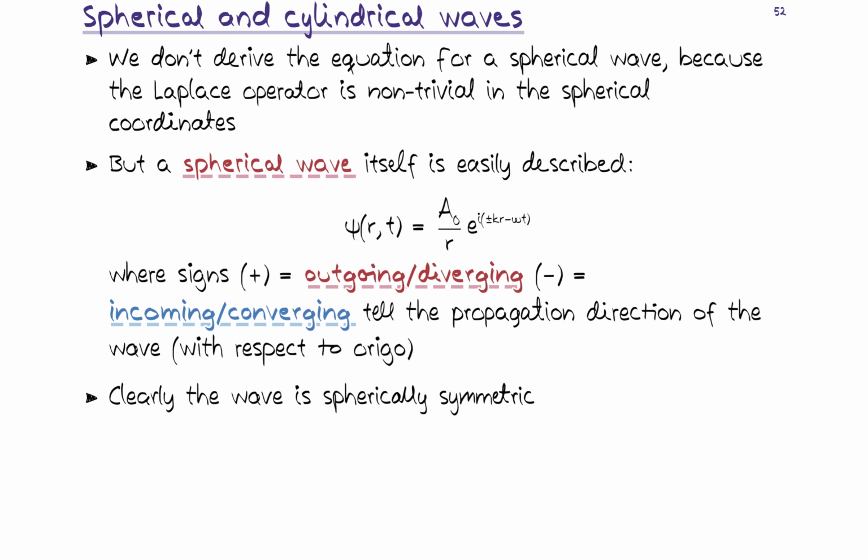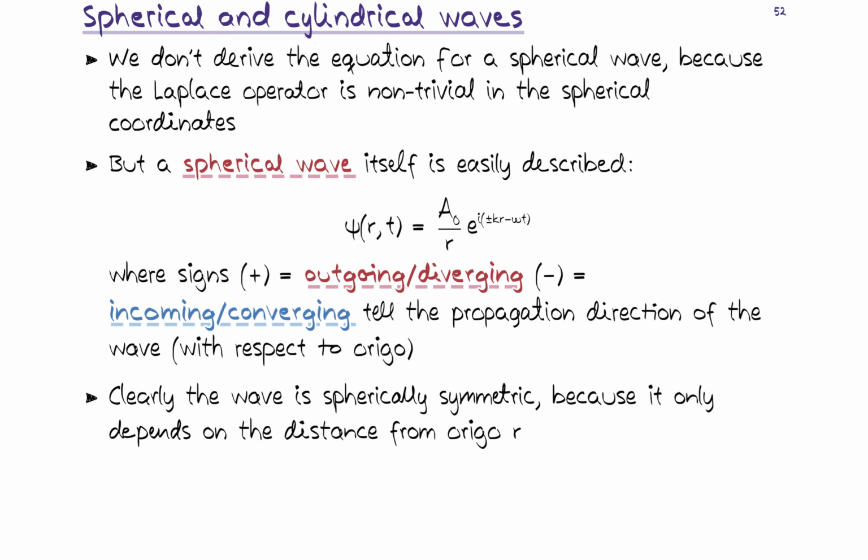Looking at the mathematical form of the spherical wave, it is definitely spherically symmetric because we only have dependence on the distance from the origin r. We don't have theta, phi dependencies in that equation at all. This tells us that the phase fronts of spherical waves are also origin-centered spheres, as makes sense.